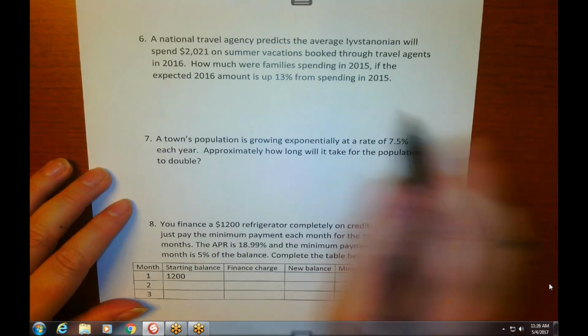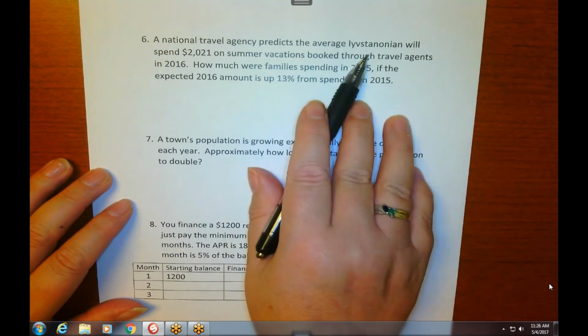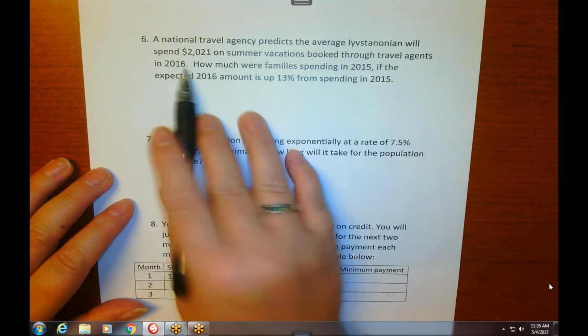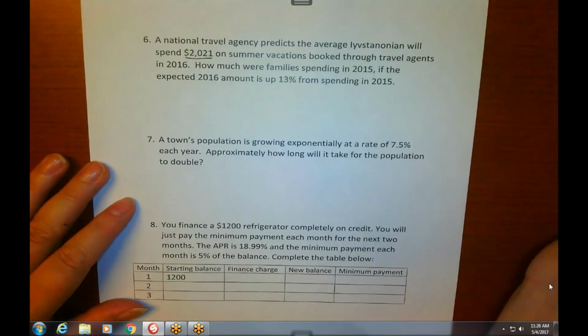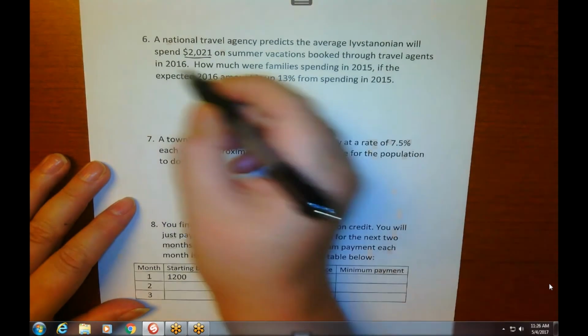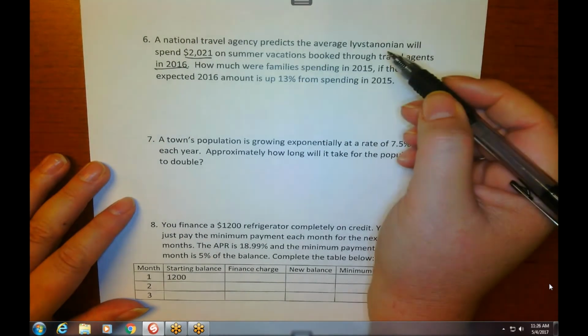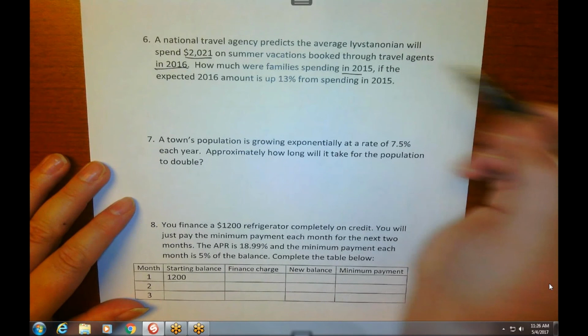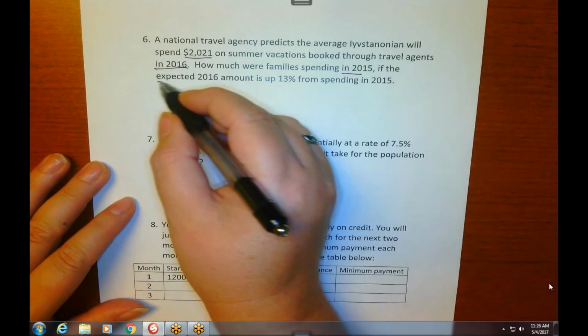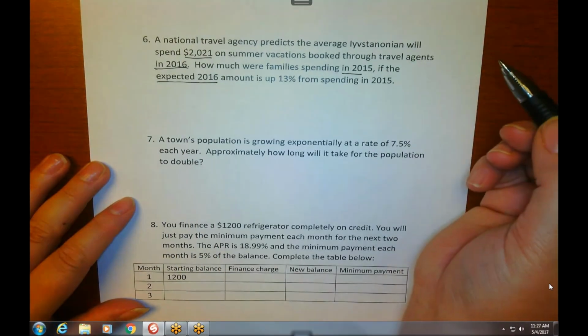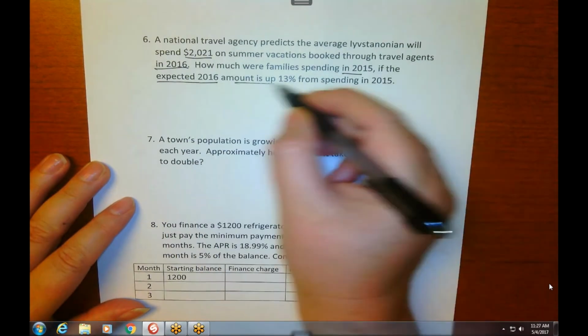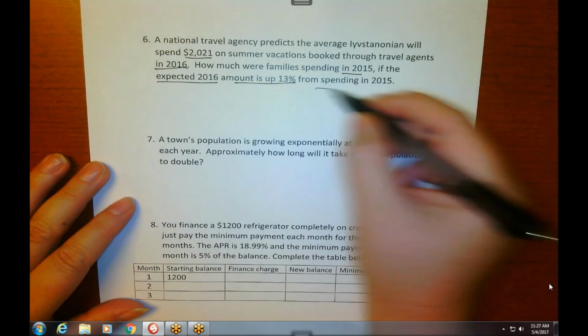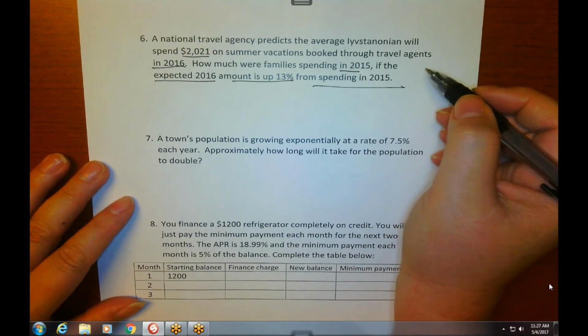A national travel agency predicts the average family will spend 2021 on summer vacations booked through travel agents in 2016. How much were families spending in 2015 if they expected 2016 amount is up 13% from 2015?